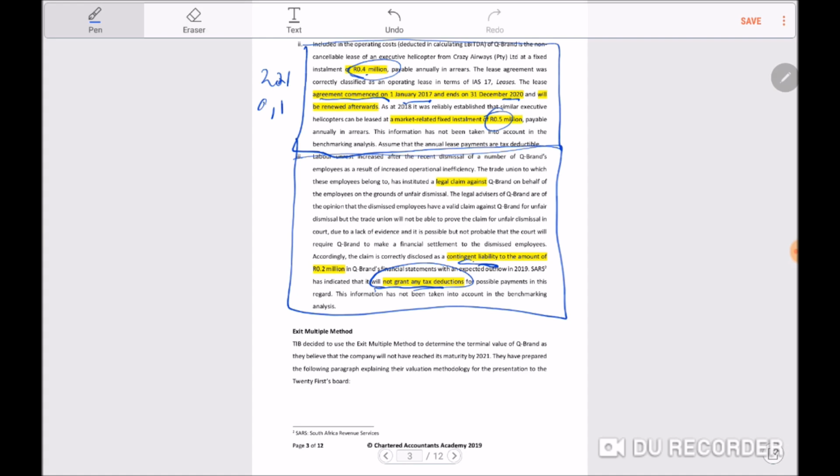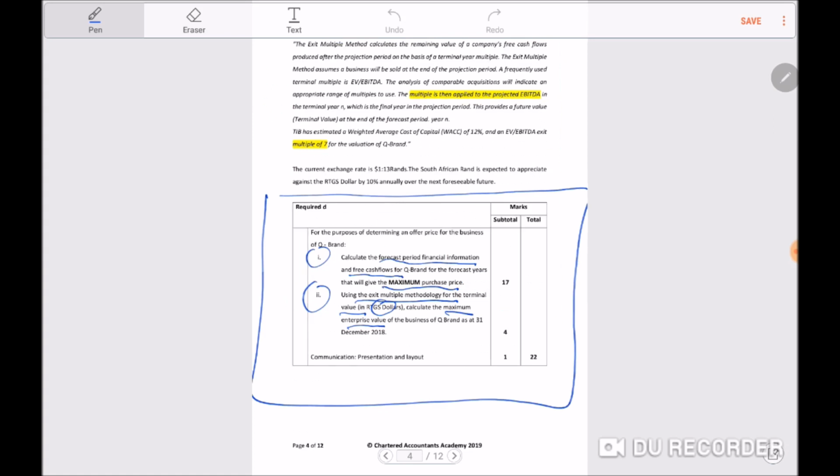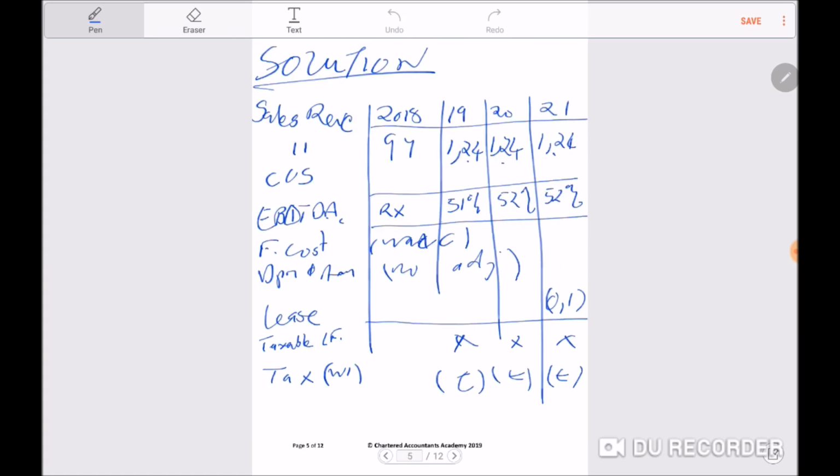So this 0.2 million was expected to be paid in 2019. So on our 2019 cash flows, we're going to put our contingent liability of 0.2.